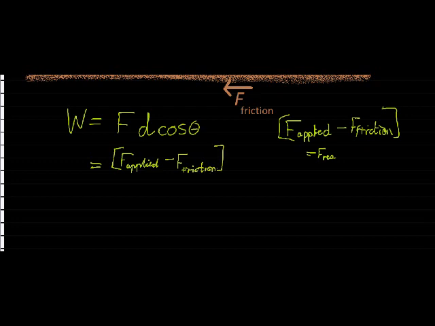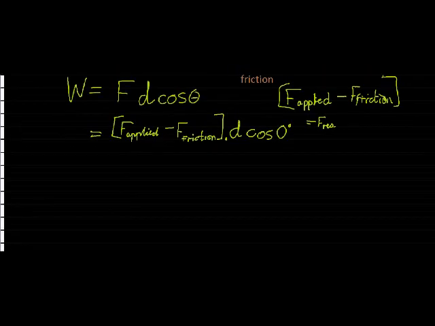But the applied force is moving this thing forward. So in other words, the distance that they are traveling is in the same direction. In other words, the angle between the resultant force and the direction they're traveling is 0. Therefore, we just get the following formula.